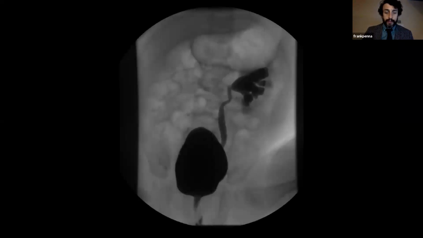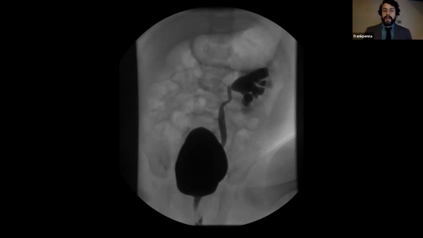So this is another kid, this is a VCUG study. And this kid has a duplicated collecting system, okay? And this kid has reflux into the lower pole moiety only. So it's lower pole reflux. The upper pole ureter inserts properly into the bladder and it does not reflux. So you can see here along the top of that lower portion, it flattens out.